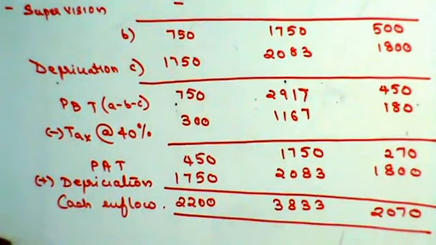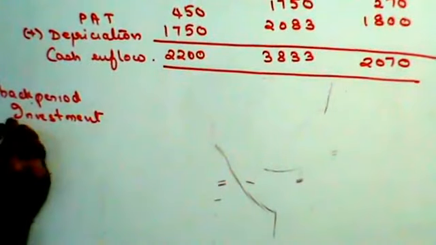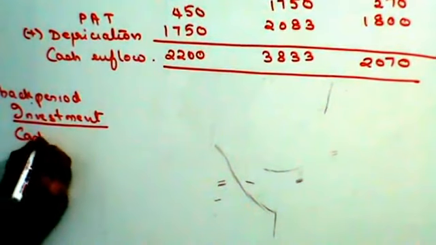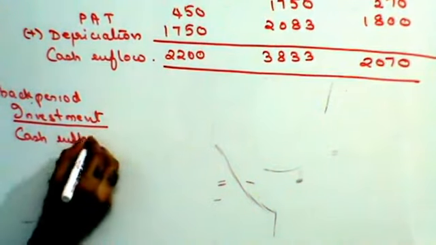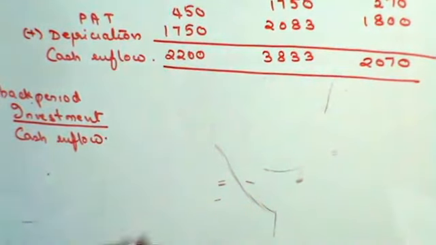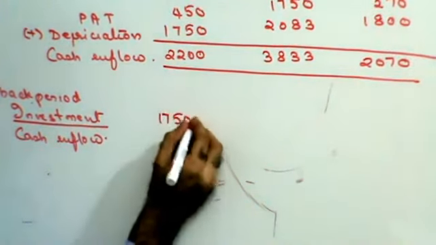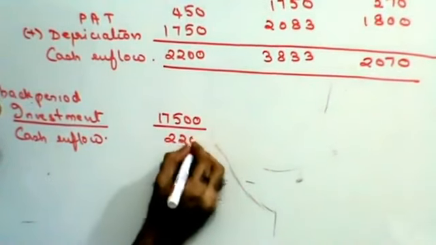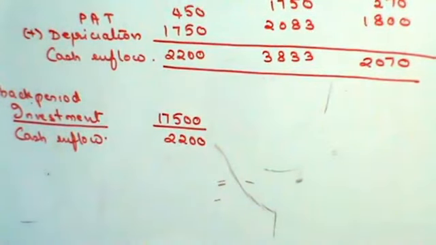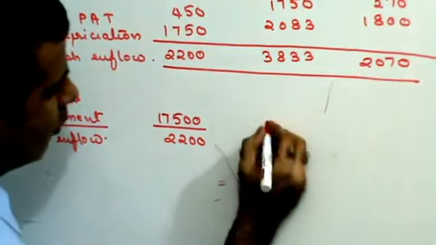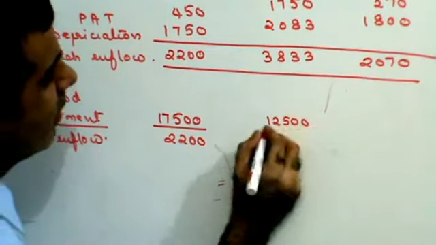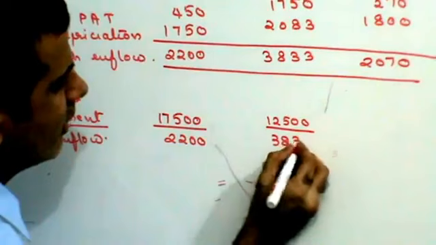Next, payback period. Payback period is nothing but original investment divided by cash inflow. Right? Original investment here is 17,500 divided by 2,200. In the second case, it is 12,500 divided by 3833.